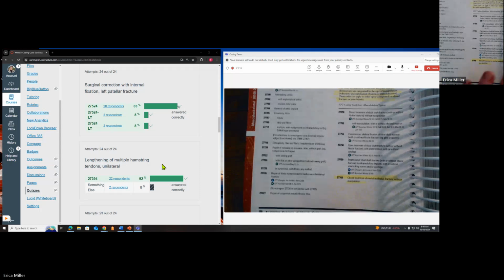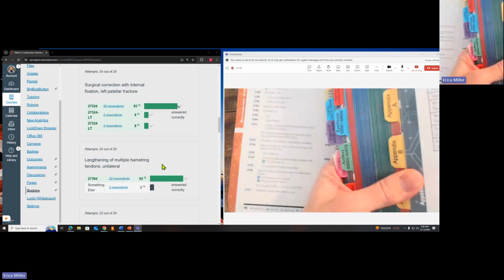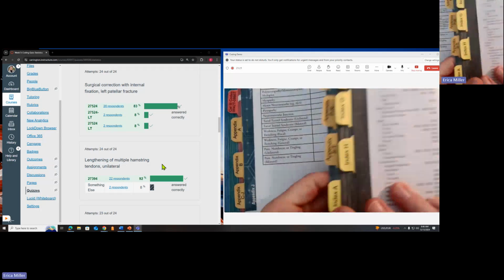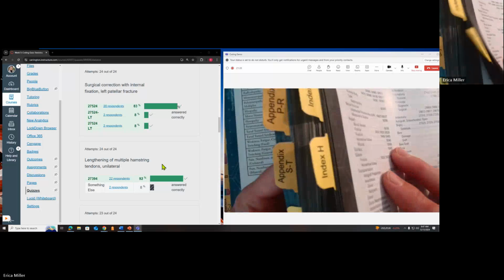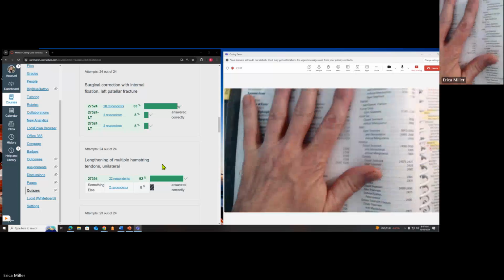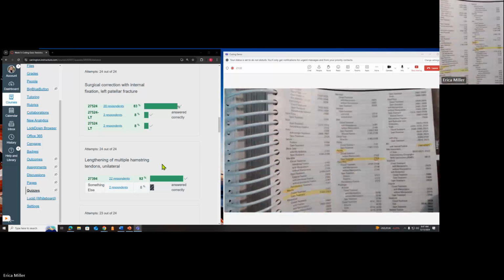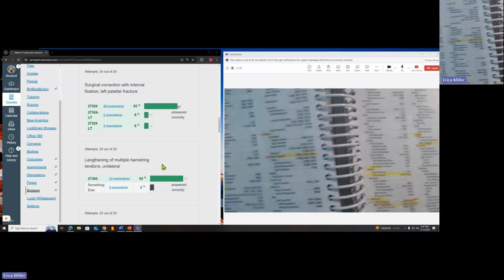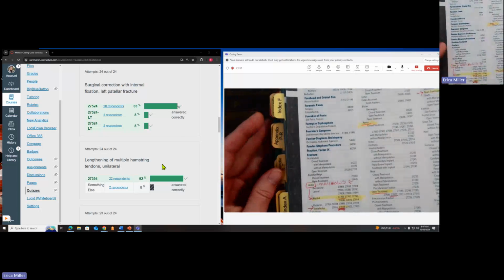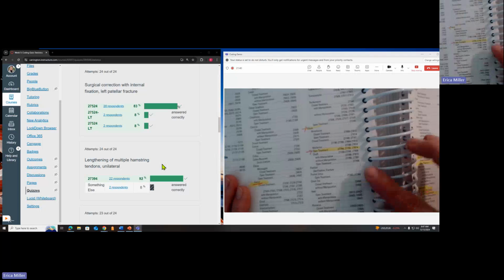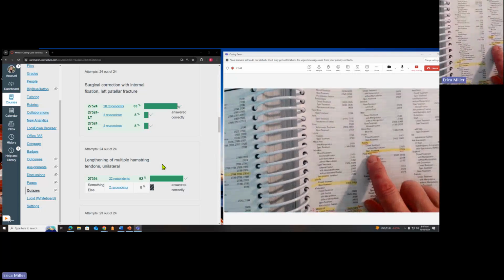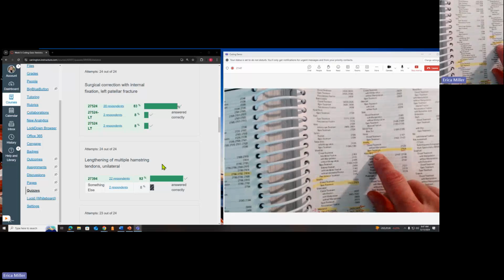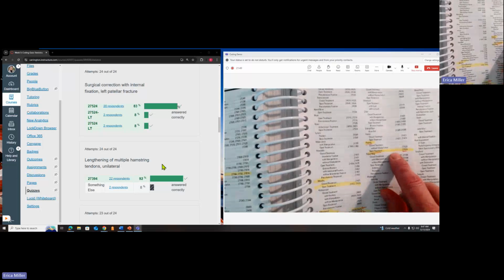All right, so I'm going to go back to fracture, and now I'm going to look for patella. All right, nice. So starting at fracture, then just taking it over. There's patella, and then internal fixation.